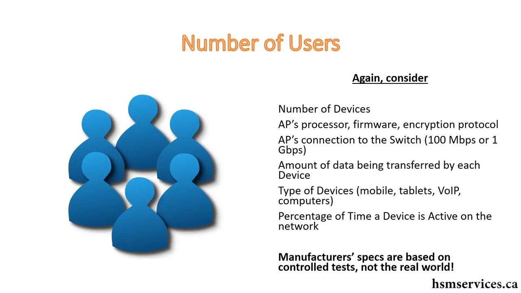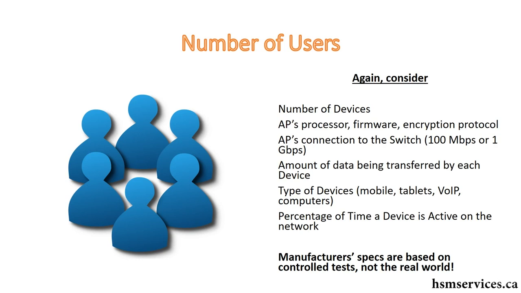So what you need to consider again is the number of devices connecting, the type of AP you've installed, how powerful it is, and its encryption protocol. Encryption makes an AP slower, so encryption means the access point can handle fewer users.